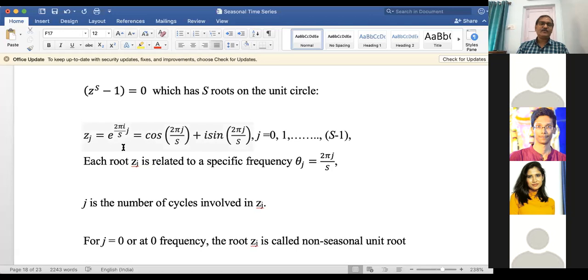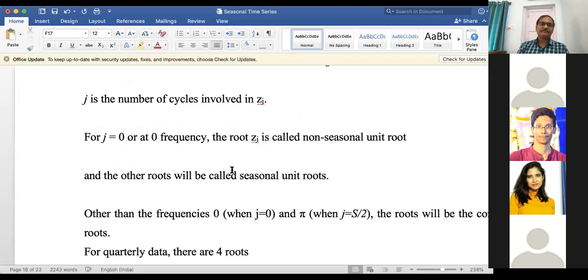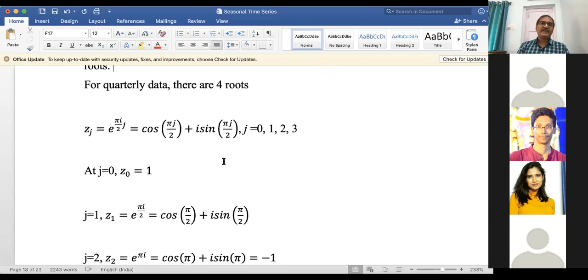Zj is equal to e to the power twice pi i by s into j is equal to cos of twice pi j by s plus i sine of twice pi j by s. This is the general expression for the characteristic roots. Now substitute here s equal to 4. After substituting s equal to 4, you will get this result.